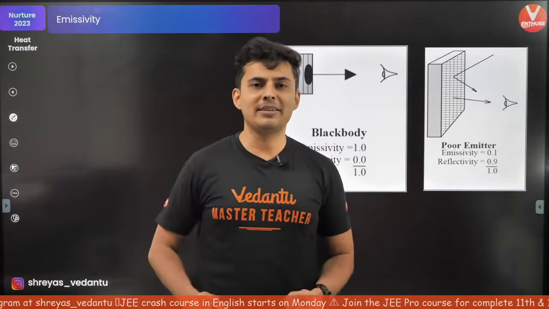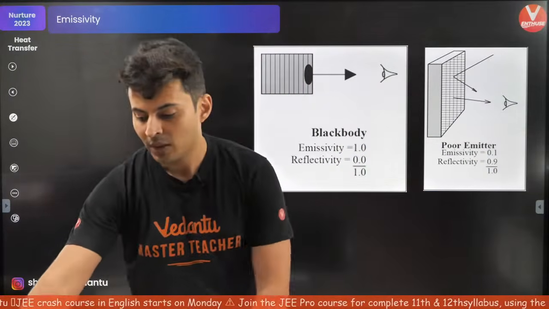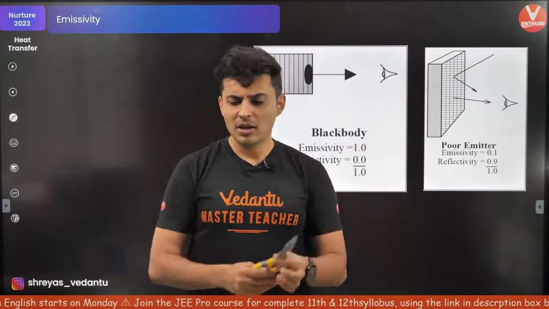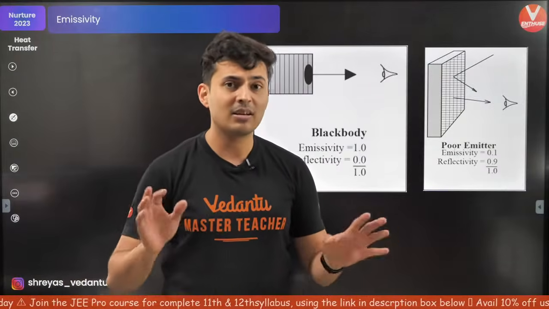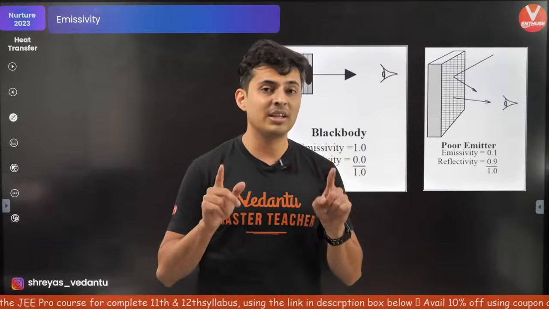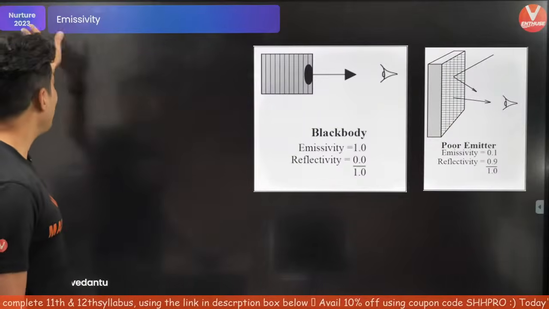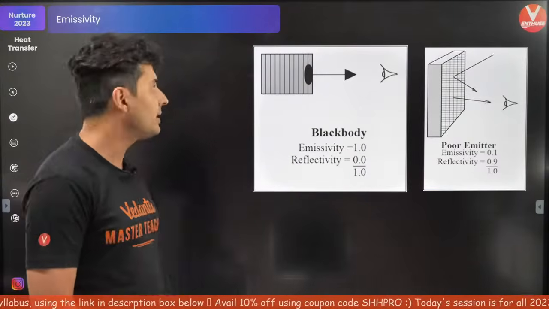A black body emits much better than a normal surface. If you have a steel surface, like this steel surface, this is not a black body. If you have a plastic surface, it's not a black body. A steel or plastic surface will emit less at the same temperature as compared to that of the black body. And that comparison happens via a factor called emissivity.